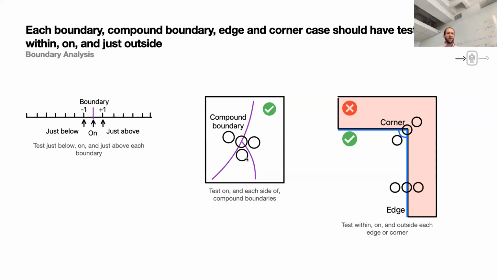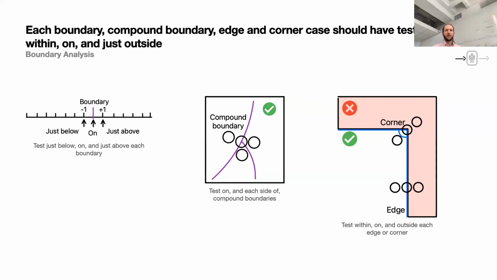And the same applies to our edge and our corner cases, where we're going to check that the behavior when we're inside the edge, on and outside each edge or corner is correct. And at this point, we're going to be dealing with bad tests outside the corners. And we need to know that the code is going to throw us errors in just the right way. So that's boundaries, compound boundaries, edge and corner cases.